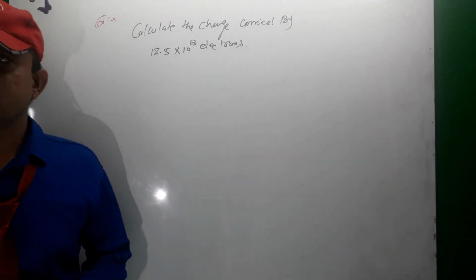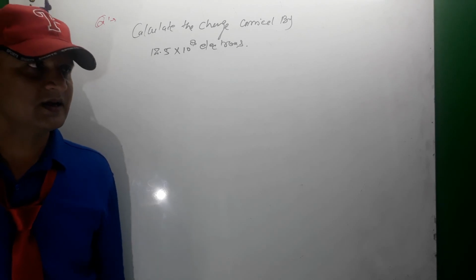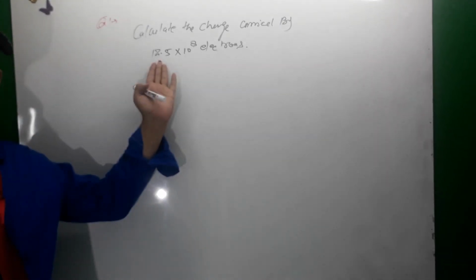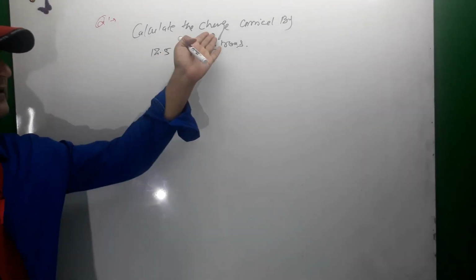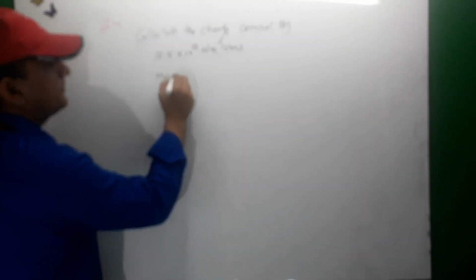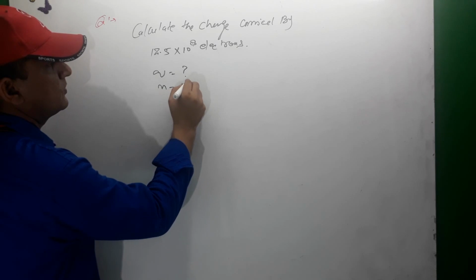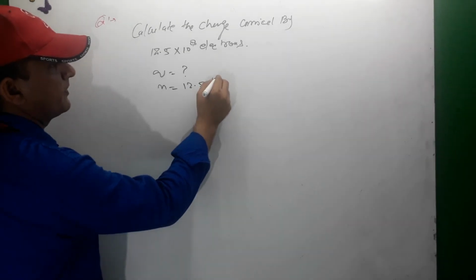The question is saying a body has such a number of electrons and we have to find the charge on it. We have to find the charge, where n is equal to 12.5 × 10^8.